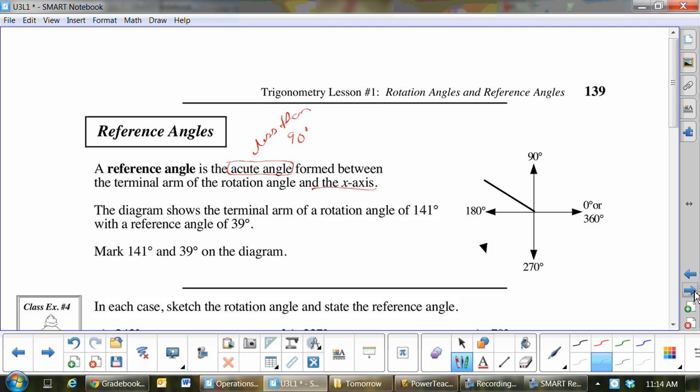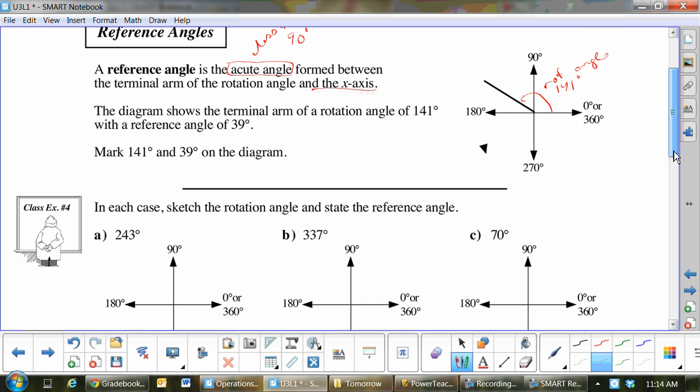We have two things. We have a rotation angle and a reference angle. This is called the rotation angle, and it is 141 degrees. Okay, that's our rotation angle. Now, what is the reference angle? What's left?